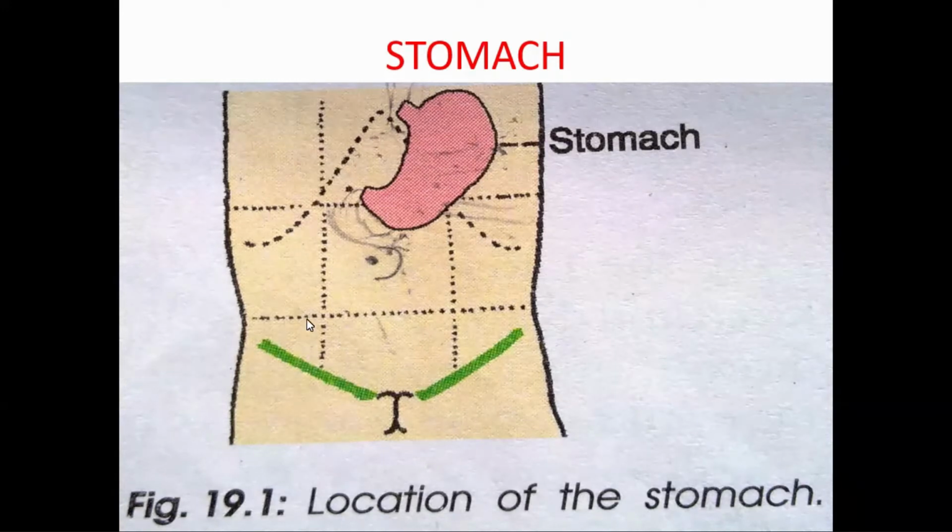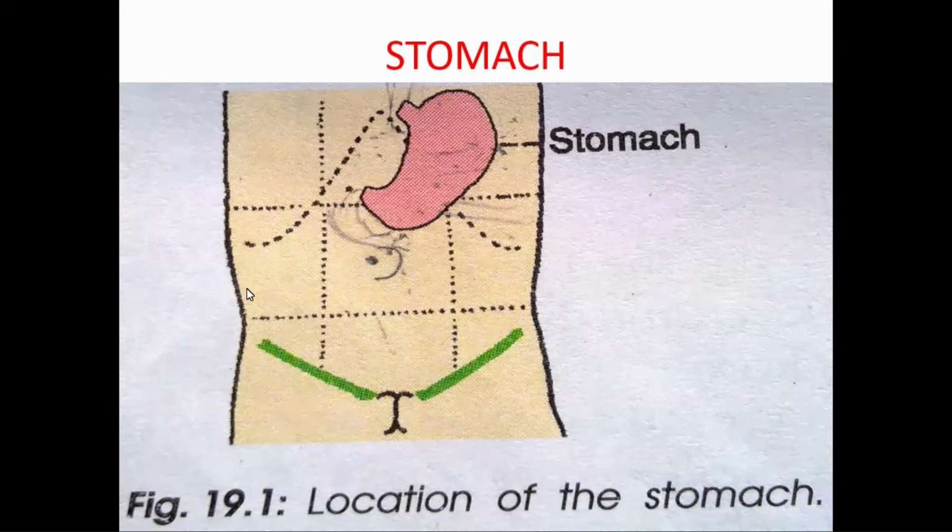Now the 2 horizontal planes. These 2 horizontal planes have a name. The upper horizontal plane is named the transpyloric plane, and the lower horizontal plane is named the transtubercular plane. The transpyloric plane passes through the pyloric orifice of the stomach, opposite the lower border of L1.